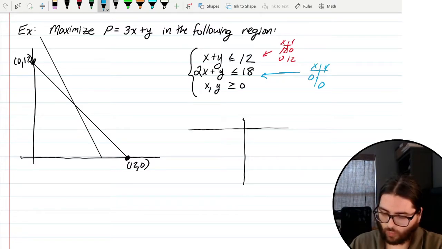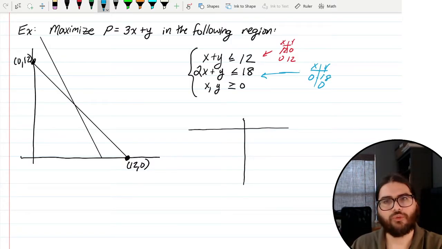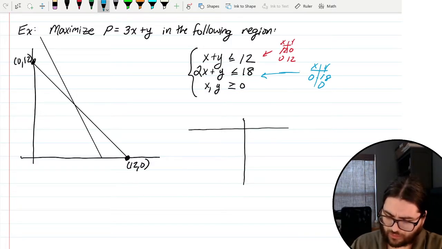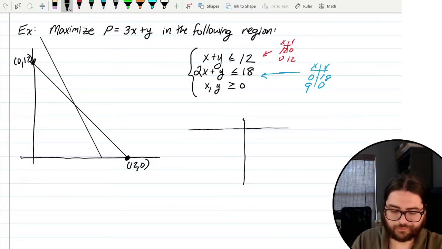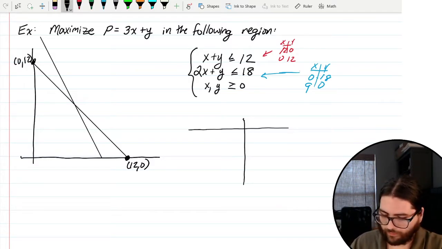If I plug in x equals 0, then that just leaves y equals 18. That looks to be too far up to my picture. And if I plug in y equals 0, that gives me 2x equals 18, or dividing by 2, x equals 9. So that would be this point here, 9, 0.